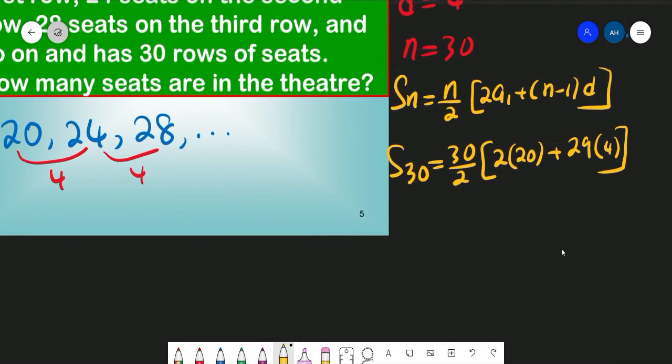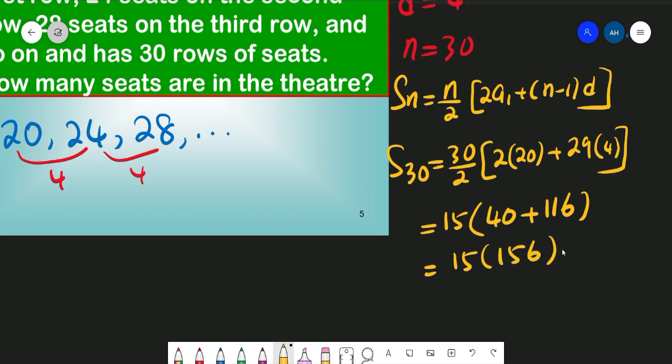So let's simplify this. 30 divided by 2 is 15. Over here, 2 times 20 is 40. Now, 29 times 4 is 116. Now let's add 40 and 116, which is equal to 156.